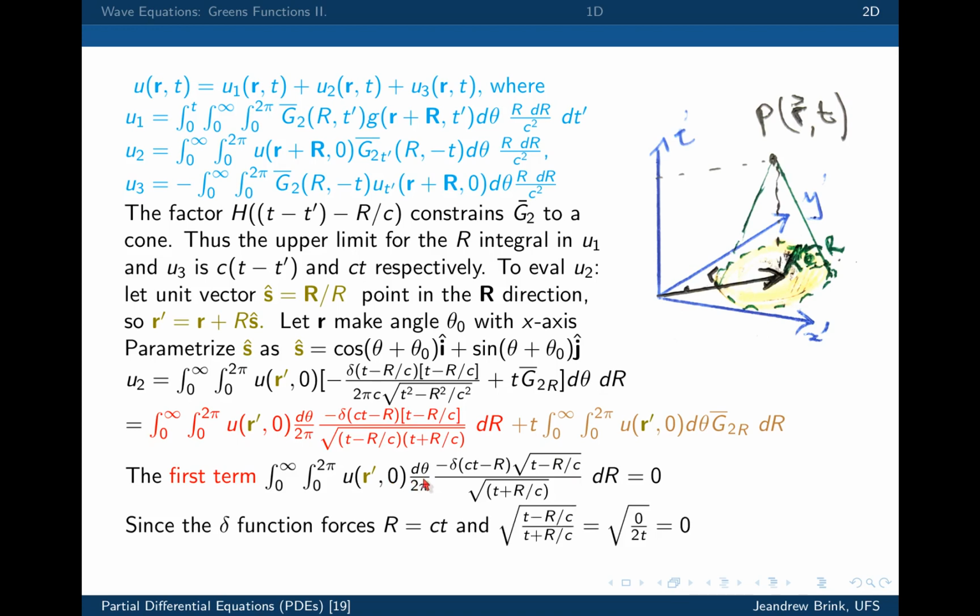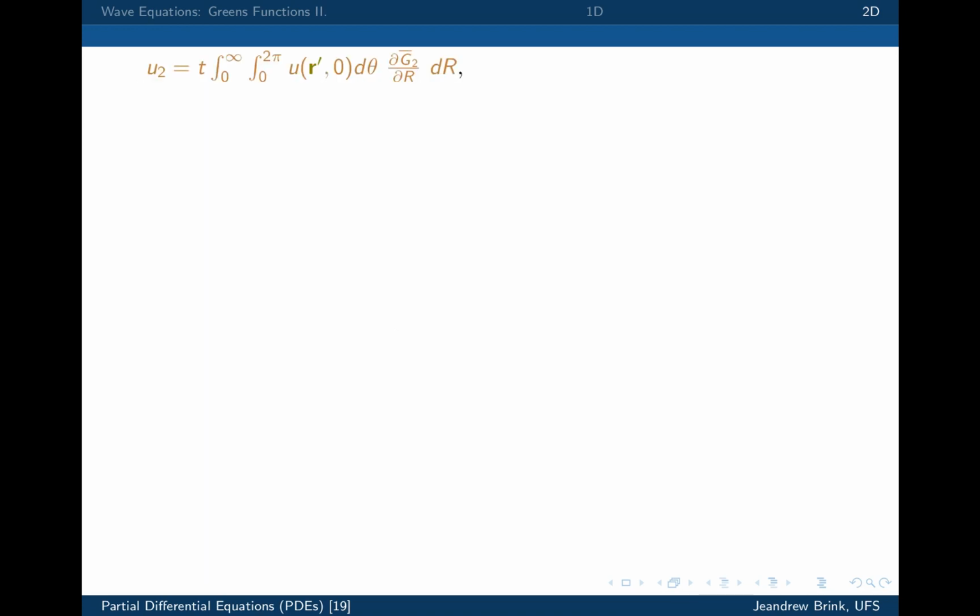And what you're left with is that U2 is actually much simpler than you could have expected, and you can go even further because here you can integrate by parts. So you have this dg2 dr times dr times this integral over here, and that is your step function.